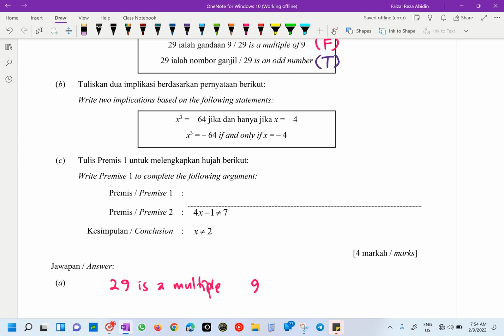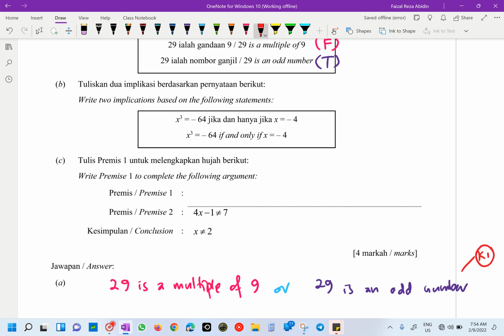Isn't it? So for this one, please be careful. Okay, so we are going to use or, and then you are going to have over here 29 is an odd number. The whole thing here is correct, so you are given 1 mark straight away.